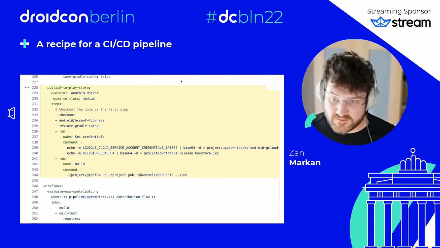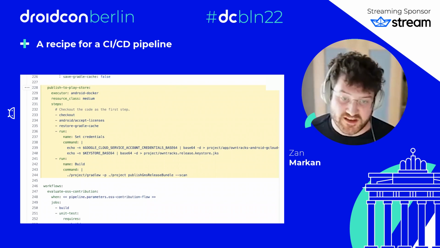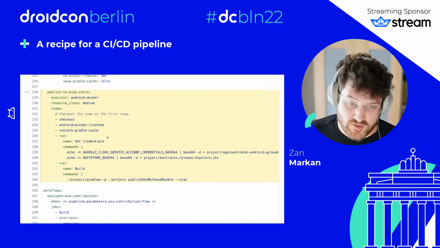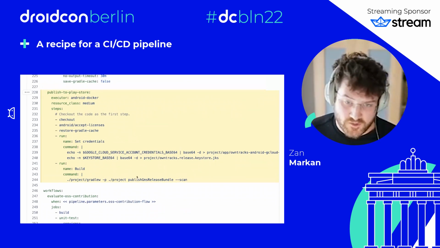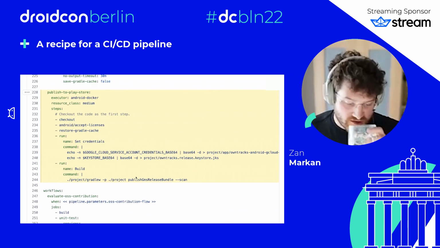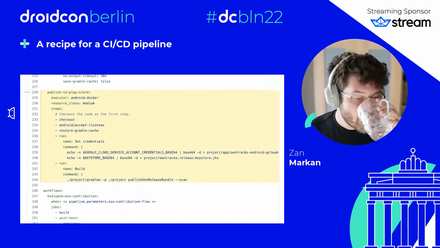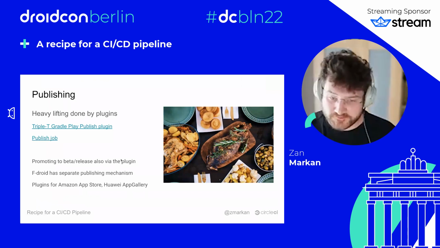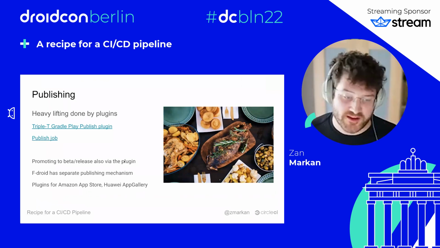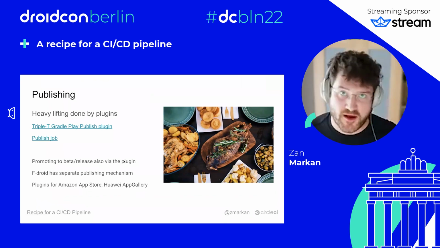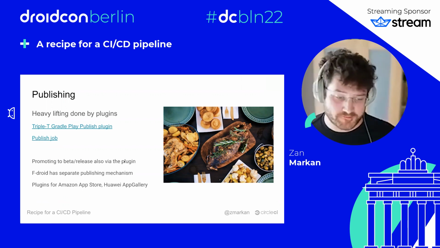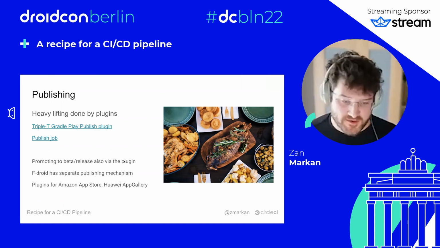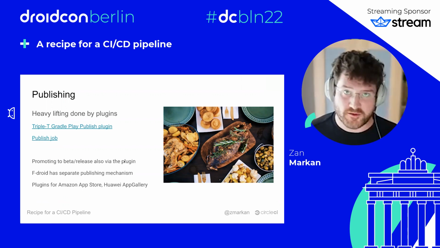And this obviously publishes a new release every single time you commit to master. And this again works on every store. If you have Play Store, if you have App Gallery, if you have Amazon App Store, they have their own plugins.